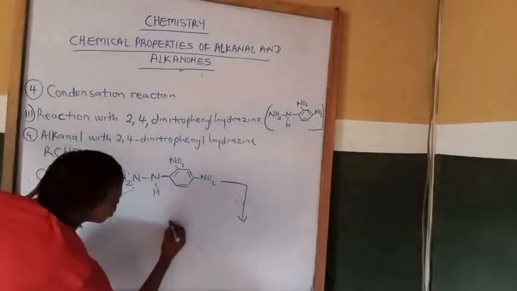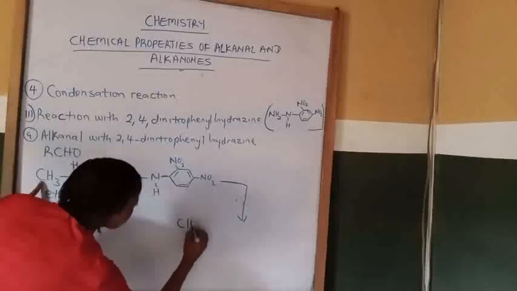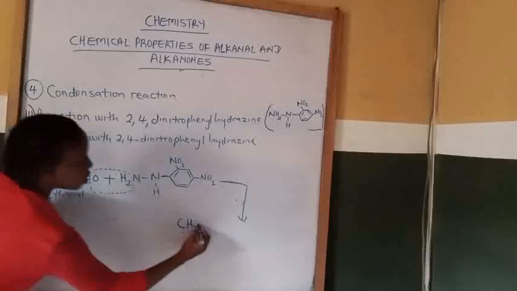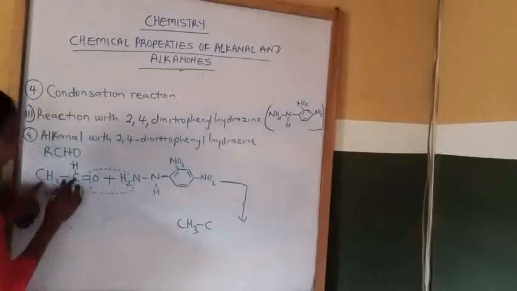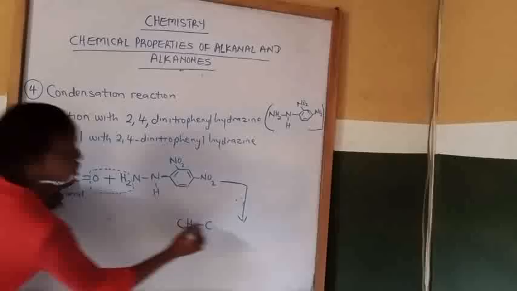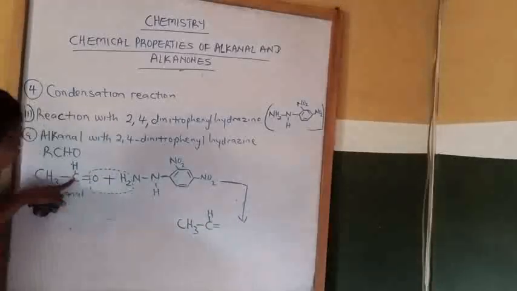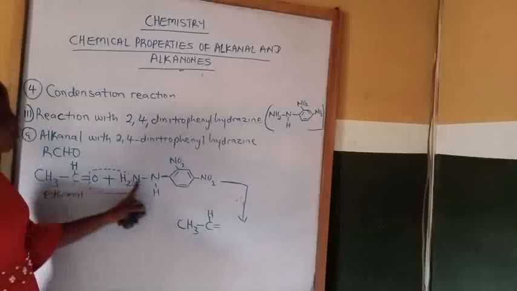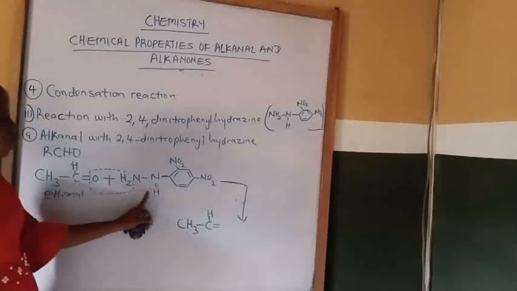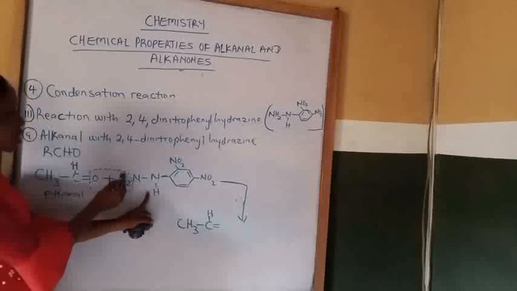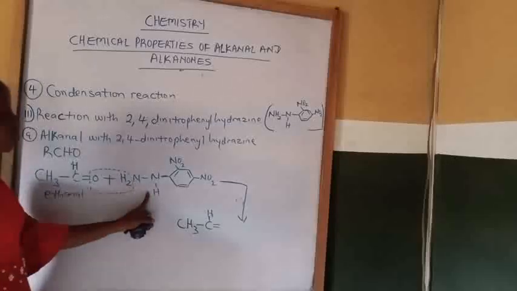We have CH3, then with bond, followed by what? Hydrogen with double bond, hydrogen double bond. So it will be bonded with what? 2,4-dinitrovinyl hydrazone now, because there is what? There is elimination of hydrogen atom from hydrazine will give us hydrazone.